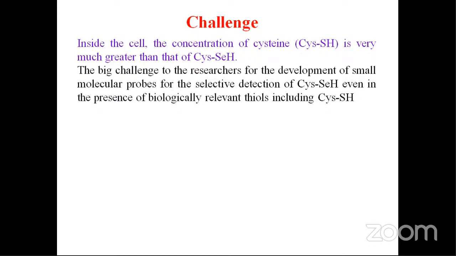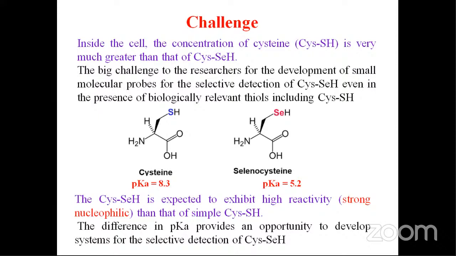Look at the pKa values of these two amino acids. Cysteine has a pKa value of 8.3, and selenocysteine has a pKa value of 5.2. Because of this difference, selenocysteine is expected to exhibit high reactivity.